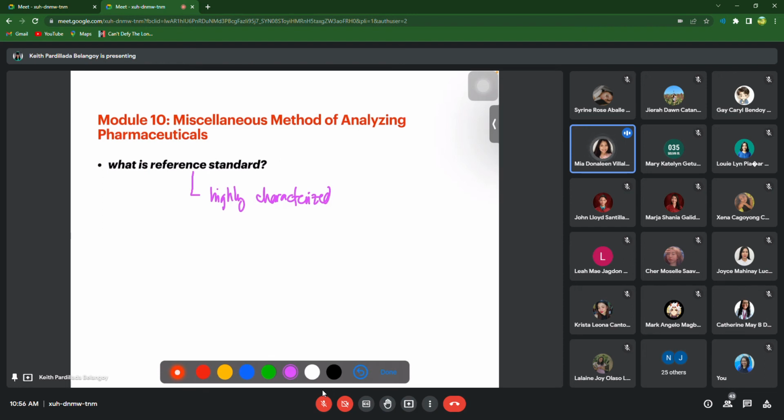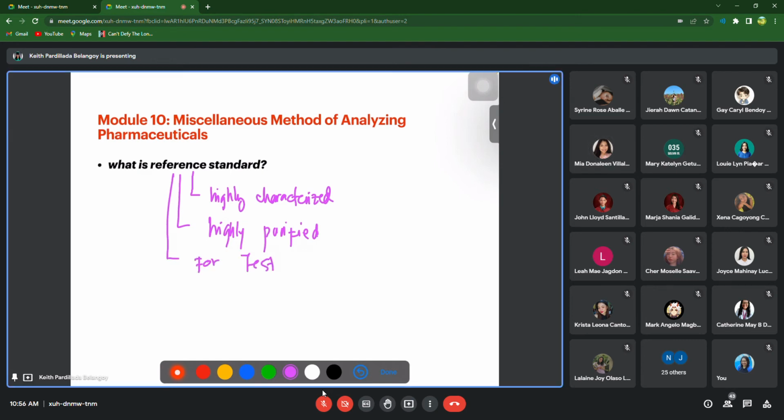It can also be defined as a highly purified sample of a particular compound that has been characterized so that an accurate content can be stated. Reference standards are not intended to be used as drugs. They are intended for test and assay use only. Very good.